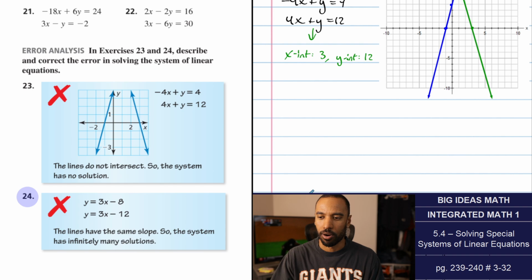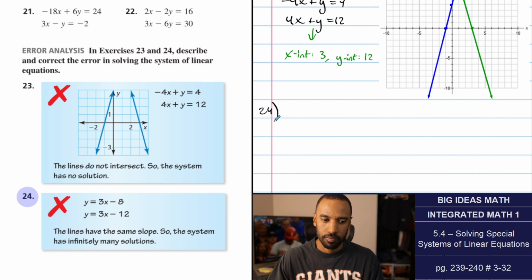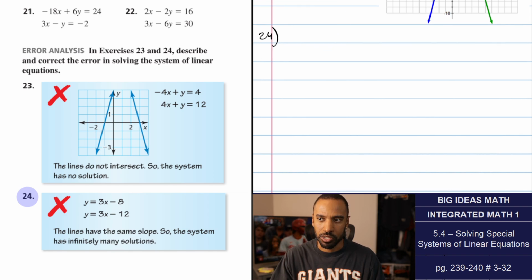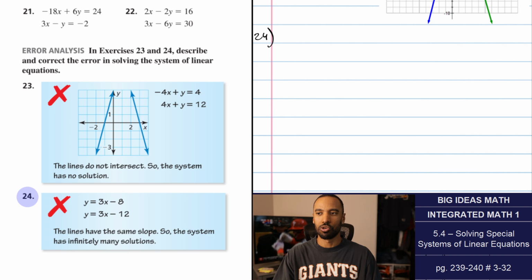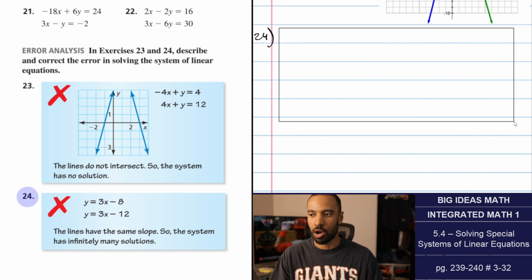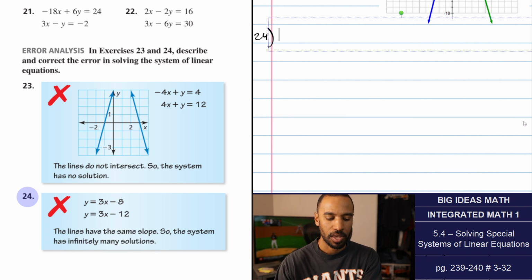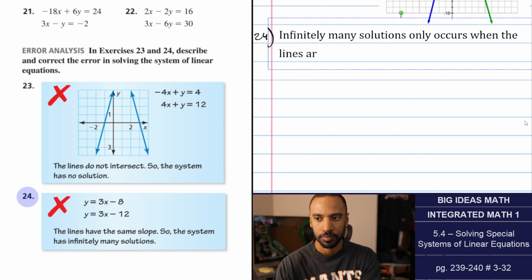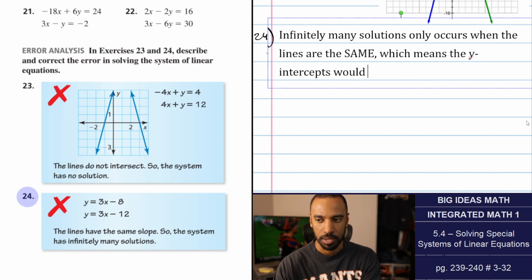All right, number 24. These lines have the same slope, so the system has infinitely many solutions. Au contraire. And there's nothing I have to do with this afterward. We kind of just saw what happened here. Infinitely many solutions only occurs when the lines are the same, which means the y-intercepts would also have to be the same.